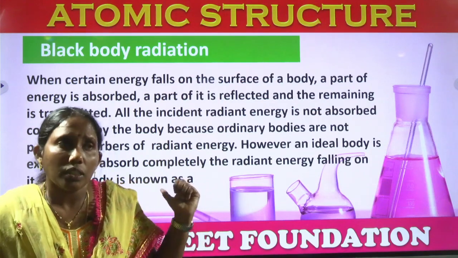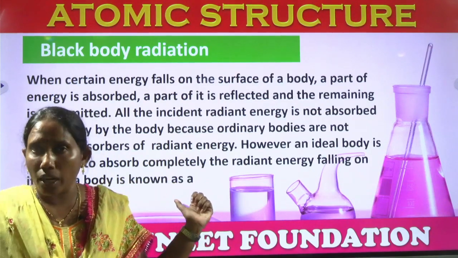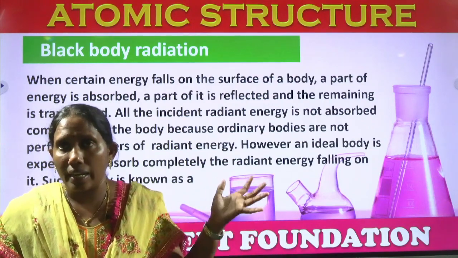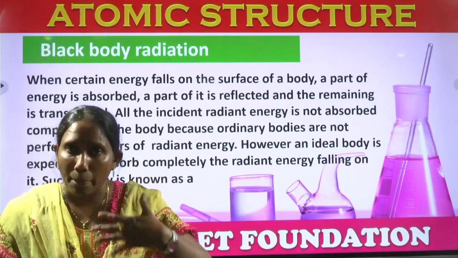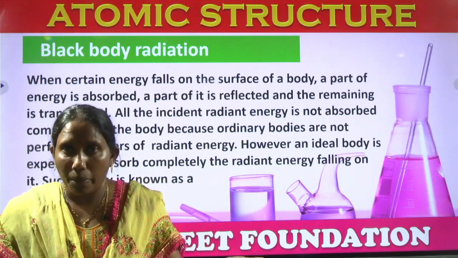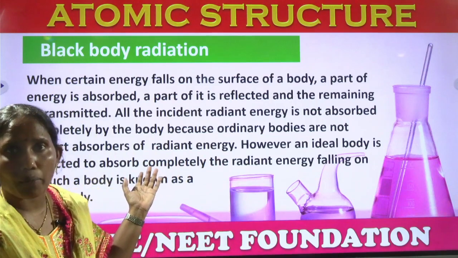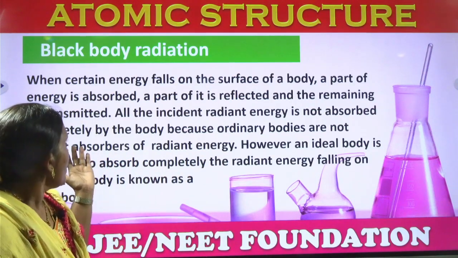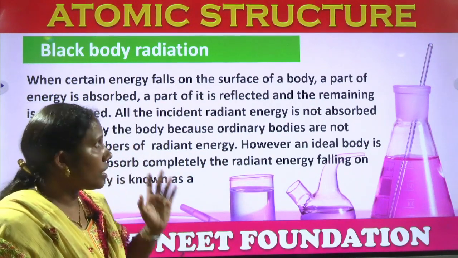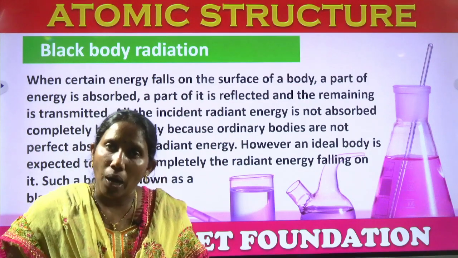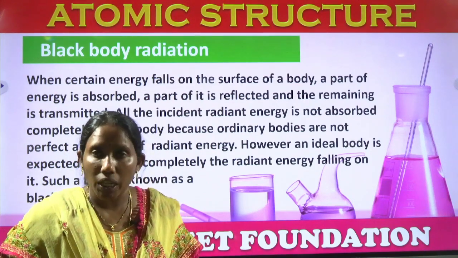Okay. But these black bodies are said to be ideal bodies. They do not exist. Generally whatever we see in our daily life, they will not absorb completely or they will not emit completely the energy of radiation. That is the black body radiation. See here, when certain energy falls on the surface of a body, it cannot absorb completely or it cannot emit completely.